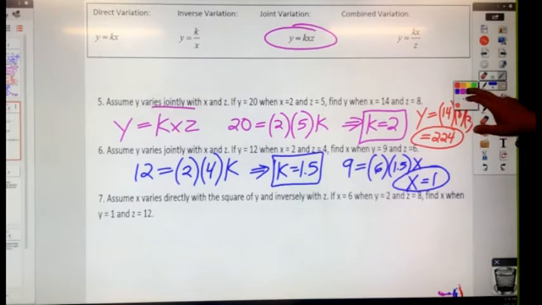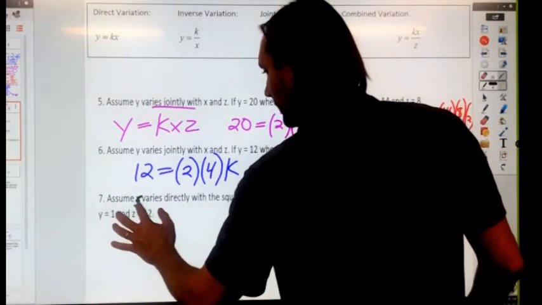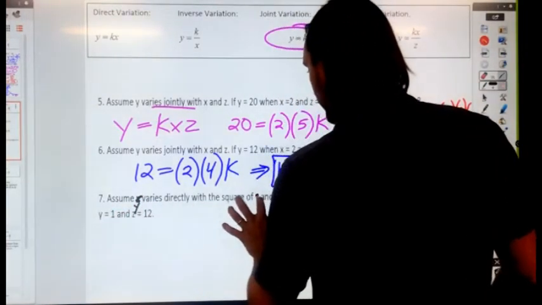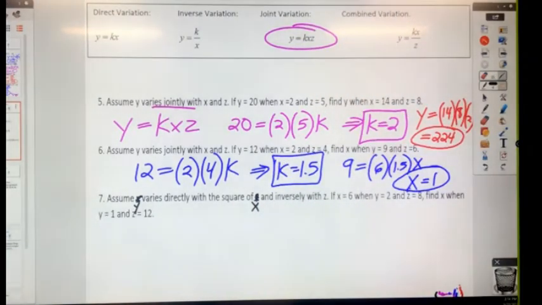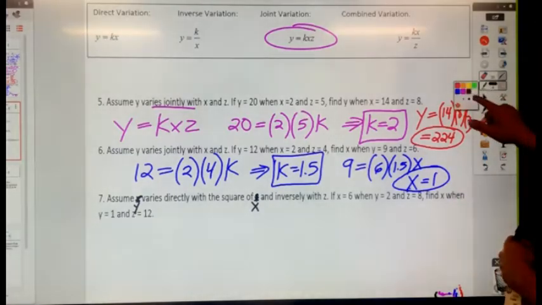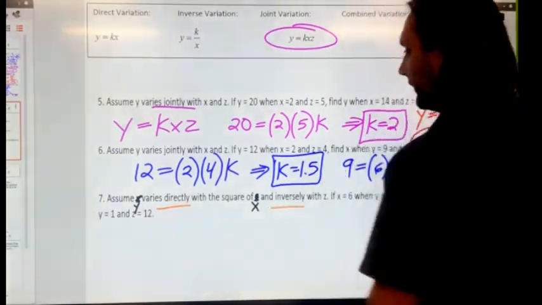Now for this next one, I'm going to change it up a little bit. Assume y varies directly with the square of x and inversely with z. So what kind of variation do you think this is? Combined, right? Because it's directly and inversely.